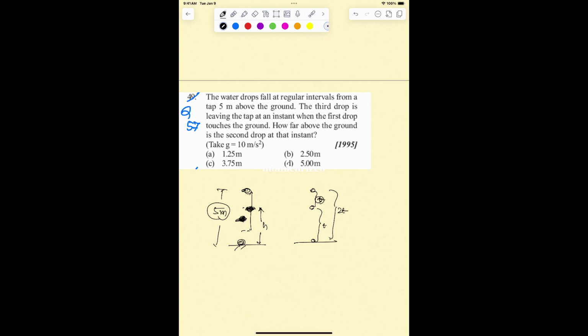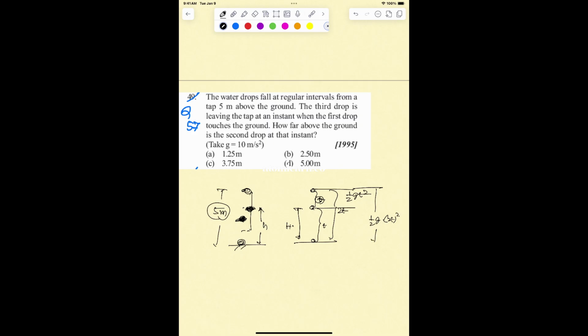Now it's a question of how far above the ground is the second drop at that particular point. That is, they are asking this height h. Because this is free fall from here, this is equivalent to half g t squared, whereas the whole fall is equivalent to half g into (2t) whole squared.